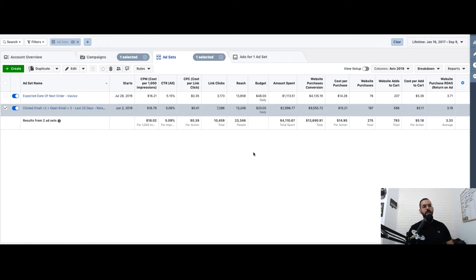But after that we started to play with the budget, and we found that $20 works best for us. I don't know why. We tried to increase it to $30, $50, $100, and it's not working in any way. So we see immediate, consistent results with $20. Why? Because this is not a big audience. This brand has between 8 to 10,000 visitors a day, and $20 for this ad set is enough.